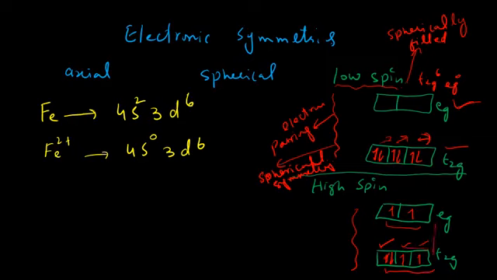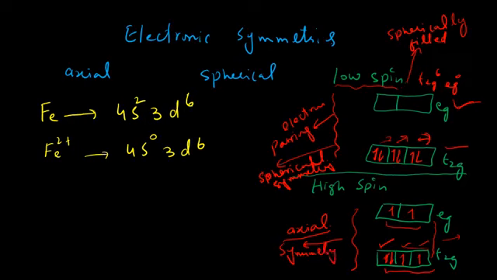Eg and T2G energy levels are not the same. So these are not spherically filled. Such a symmetry or electronic configuration is known as axial filling of electrons, or this electronic symmetry is known as the axial symmetry.